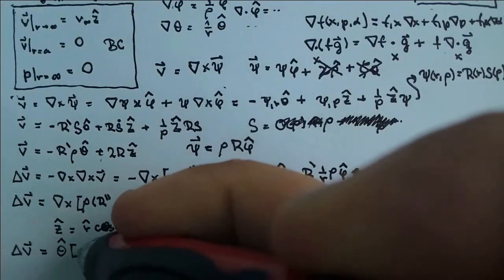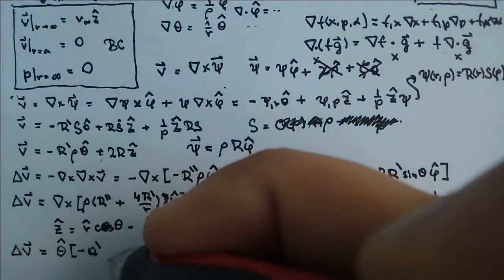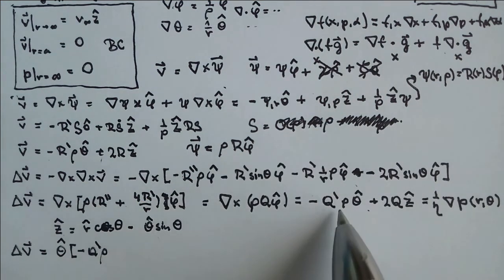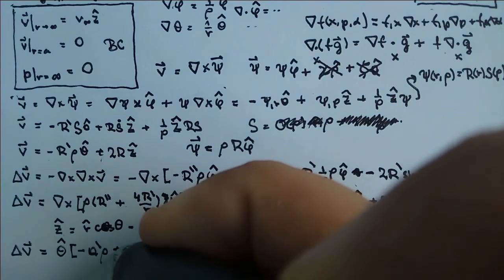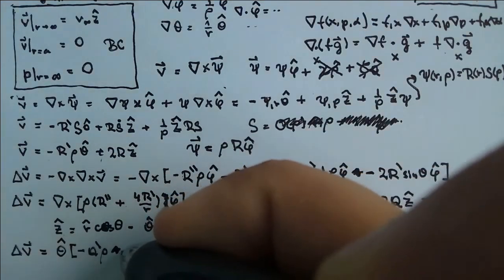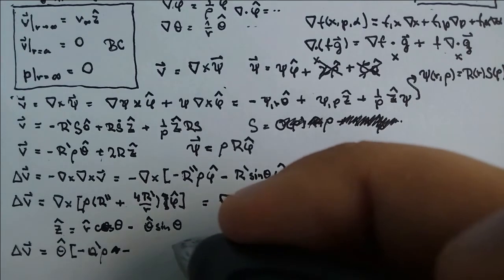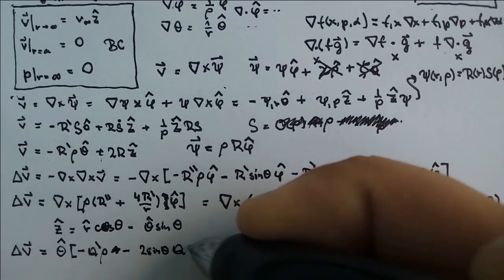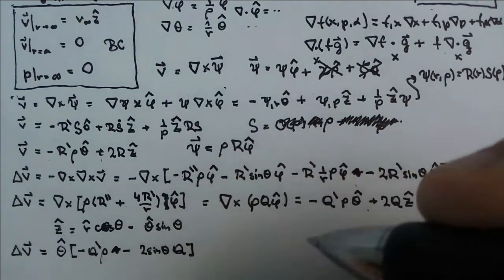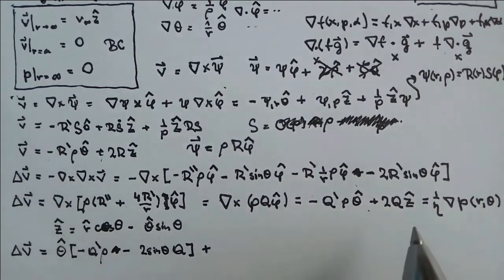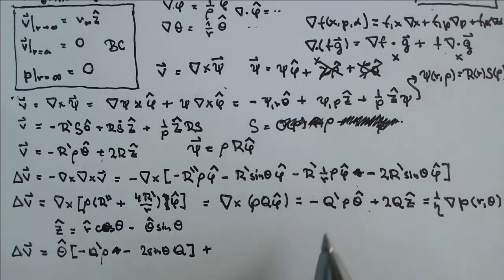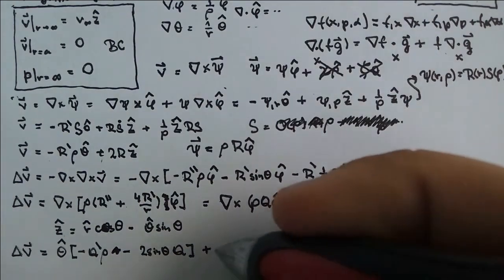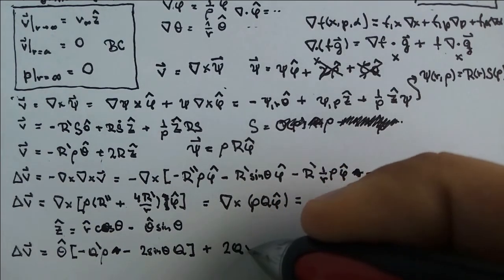There is a minus q prime rho from the very first term, and there is also contribution from this decomposition, and it is, I'm sorry, minus, because there is minus sine, minus 2 times sine theta times q. So that's a q, plus the next contribution, which is r cosine, 2 times q. That's 2 q r and cosine.